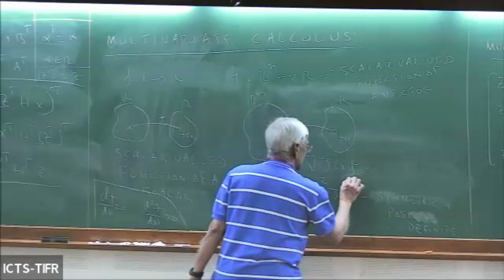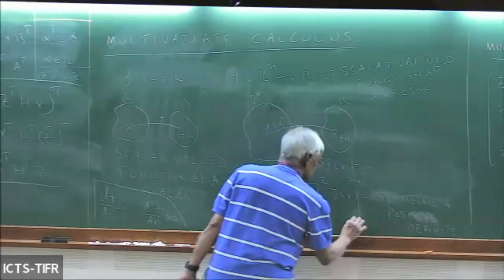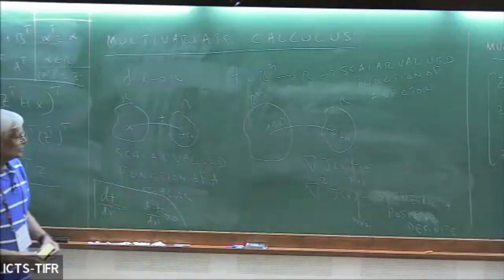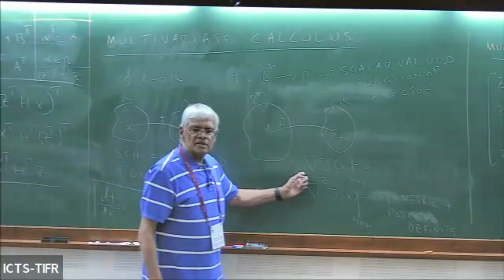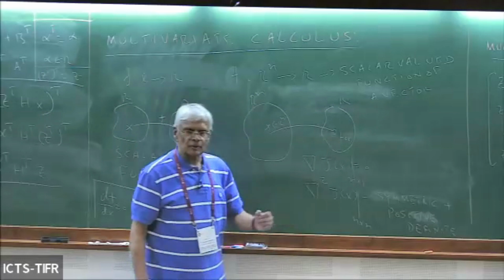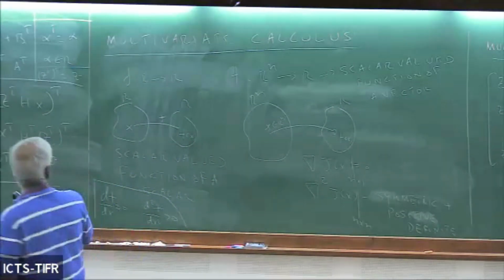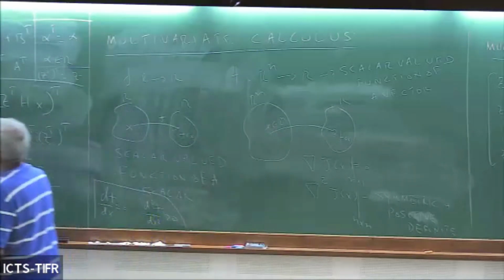So this is the n by 1 vector. This is the n by n matrix. This is the vector of first derivatives. This is the matrix of second derivatives. So I'm going to talk about that first before I come here. Now, do you see this problem is exactly the same as this problem?